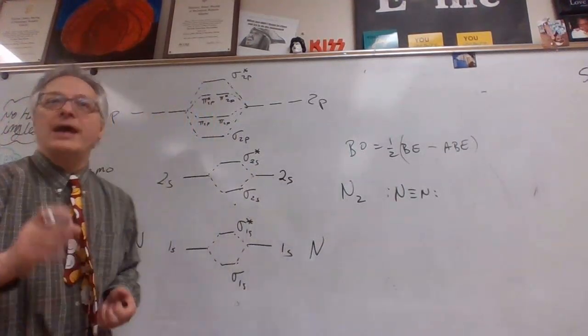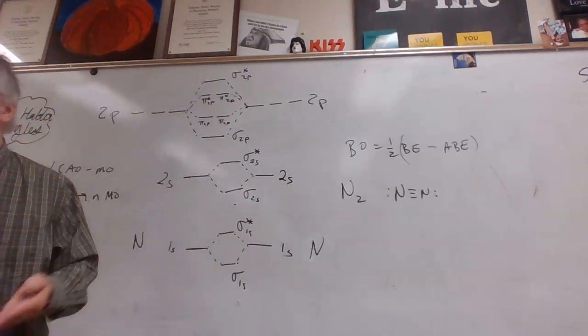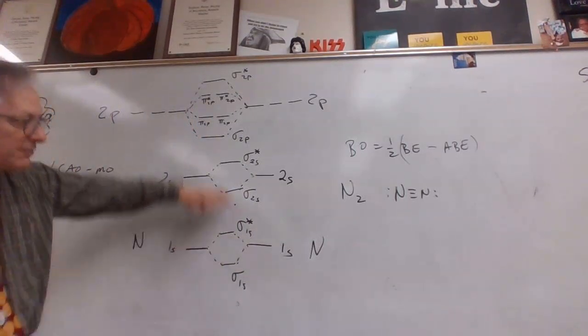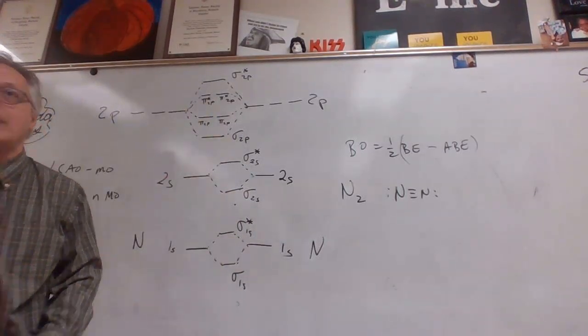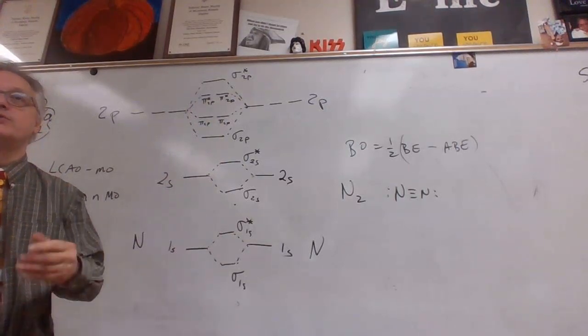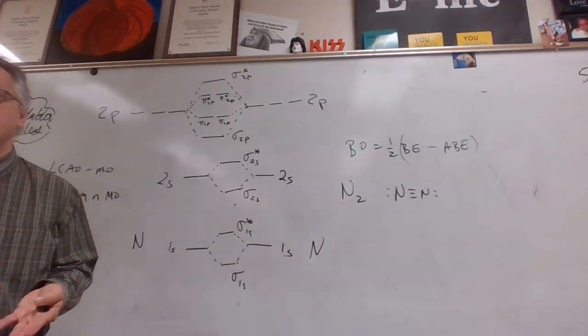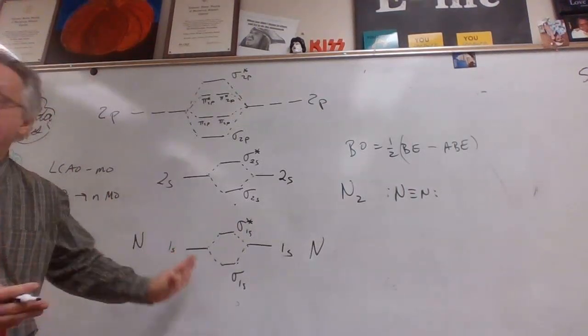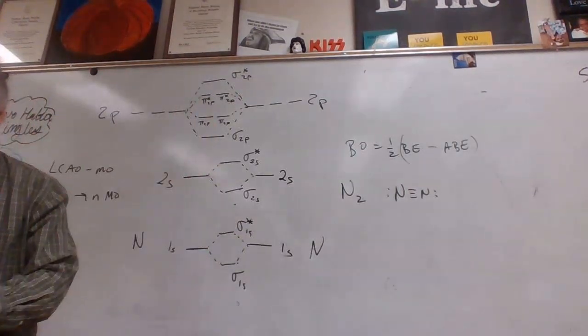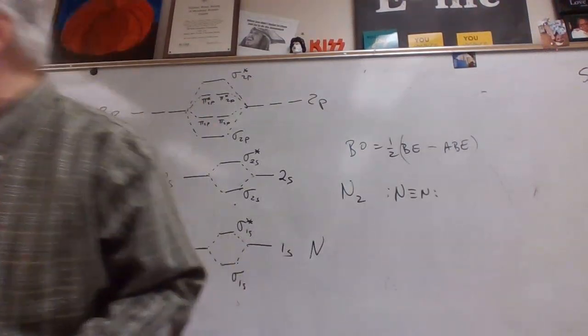Each nitrogen has 7 electrons total, and we have to use them all, not just the valence electrons here. So we take those 7 electrons, for a grand total of 14 electrons, and fill the orbitals, just like in the old days when we were doing 1s2, 2s2.